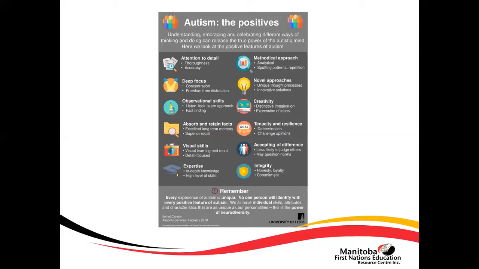Again, we always want to capitalize on their strengths and the positives as much as possible, while at the same time still keeping in mind that each child is unique based on their abilities and their skills and their characteristics. So now I am going to pass it over to Annie.